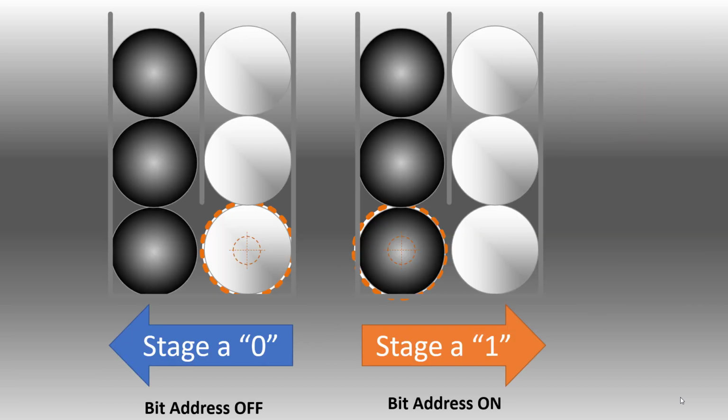Now, maybe a little bit better mechanical illustration would be a side-by-side magazine. The orange dashed line is the tube that the ping pong balls get pushed along.